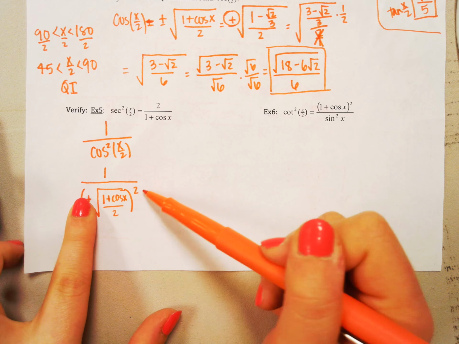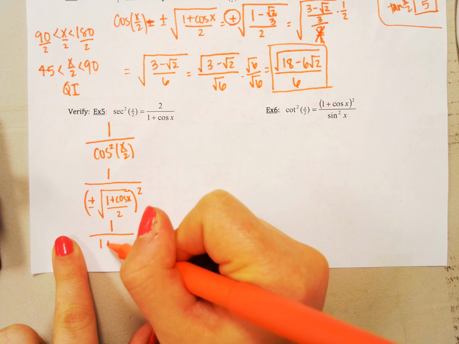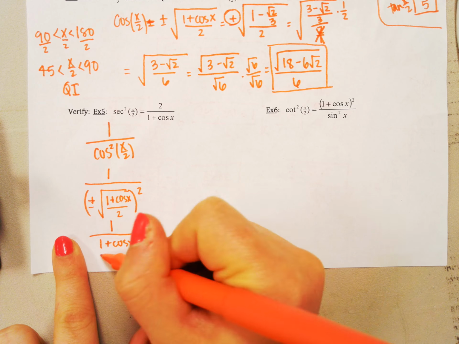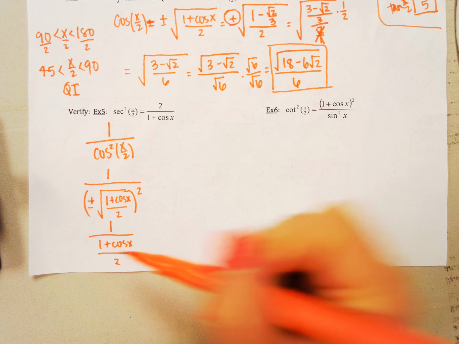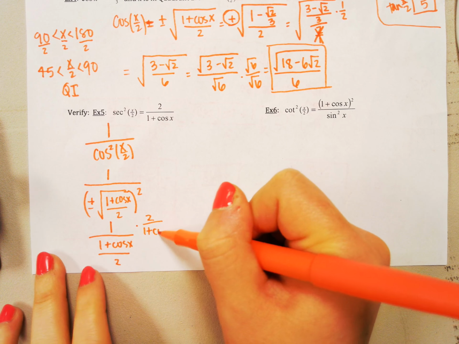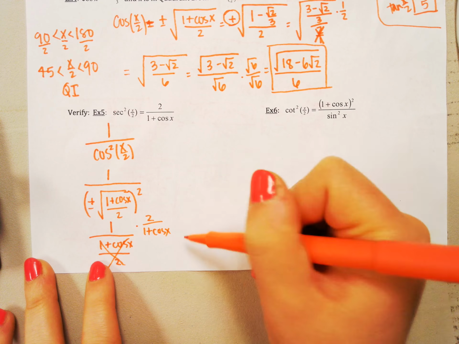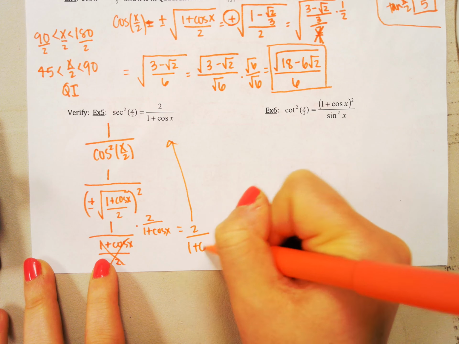The big square root squared will undo each other, so we're left with 1 over 1 plus cosine x over 2. And this is 1 over 1. When I multiply by the reciprocal, I'm left with this identity, 2 over 1 plus cosine x.